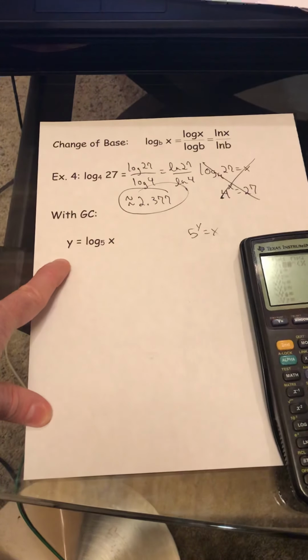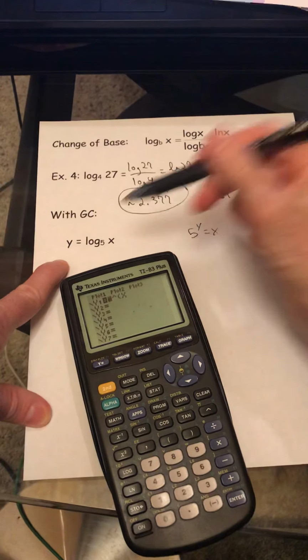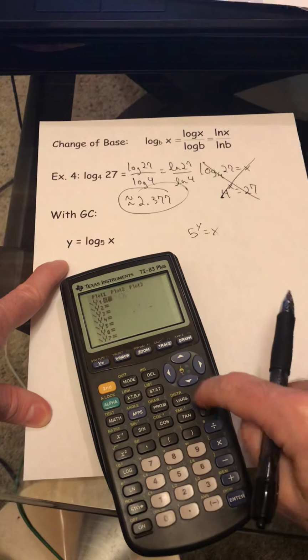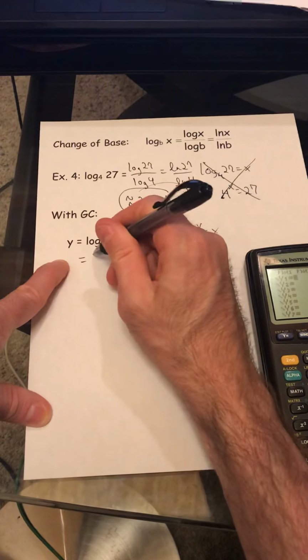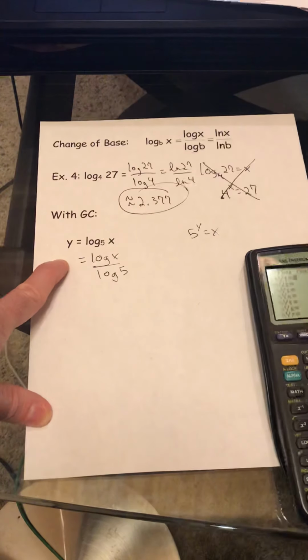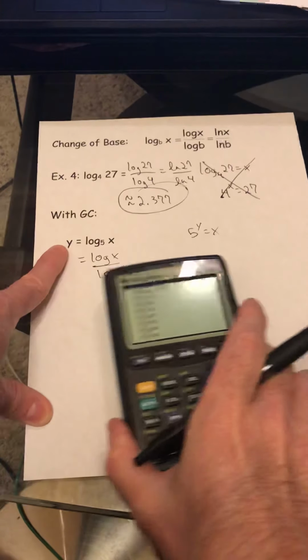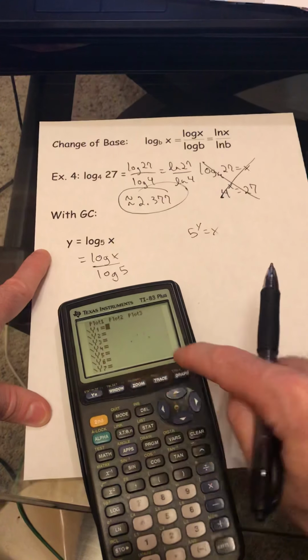Now, I know that some of the newer ones may even allow you to graph different bases. If you have an older model like this one, what you would have to do is log x divided by log 5, and then you could graph log base 5 of x.